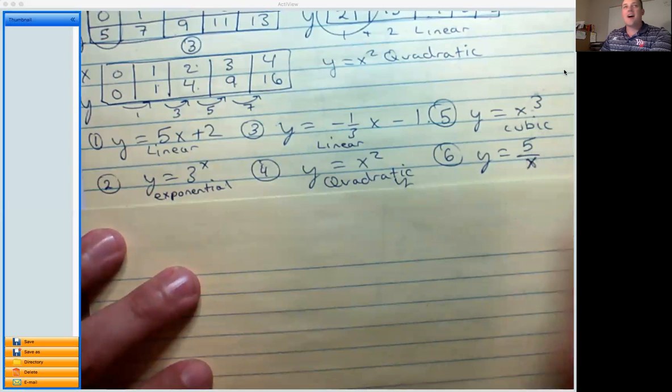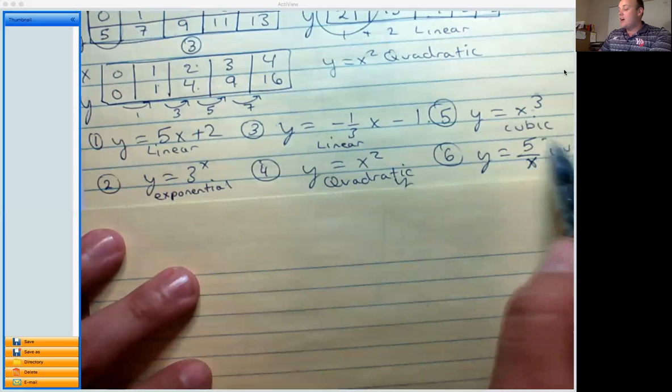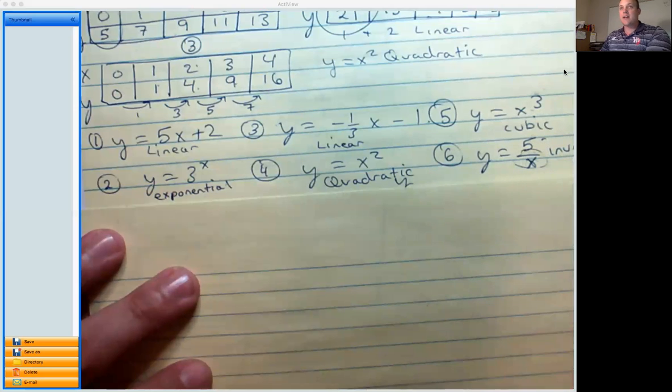And finally our last one is inverse variation. The big thing is our variable is in the denominator. That cues us off.